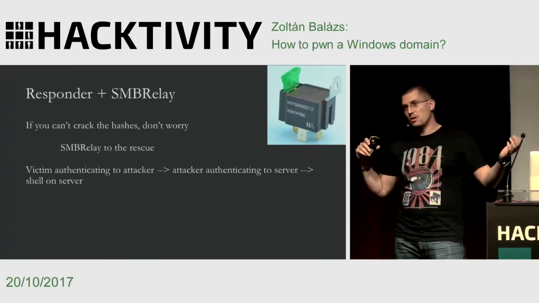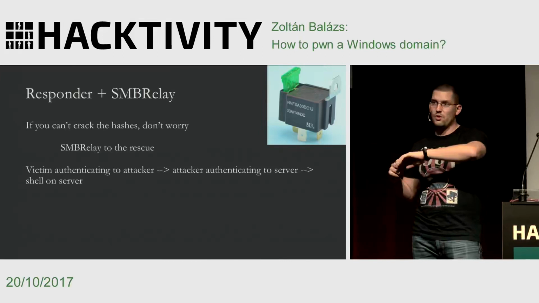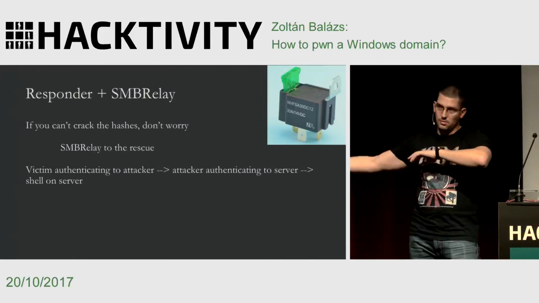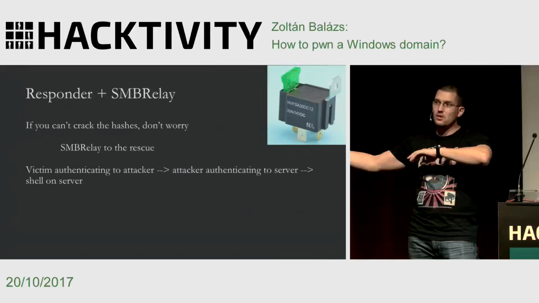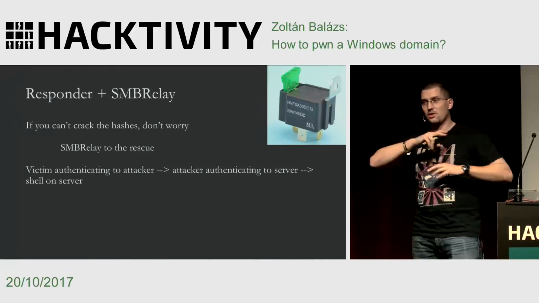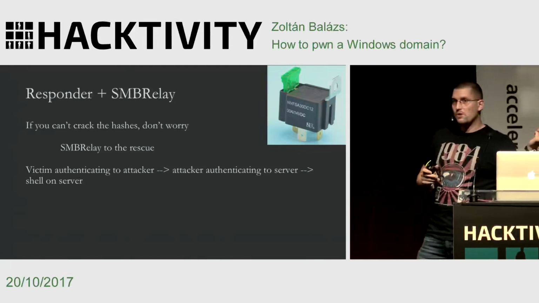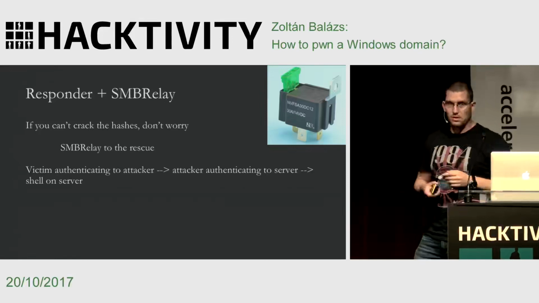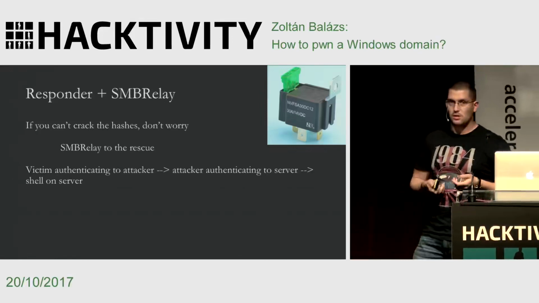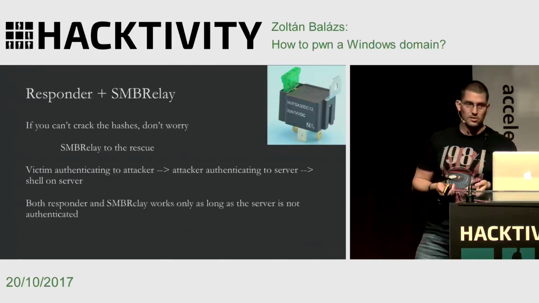So whenever the victim wants to access a resource, you forward this request to a server or something like that. When the server replies, OK, you can authenticate to me by this or that, and with this data, then it is relayed back to the victim. And after completing the whole NTLM authentication, what happens is that you, as an attacker, have basically access to the resource which the victim wanted to access.